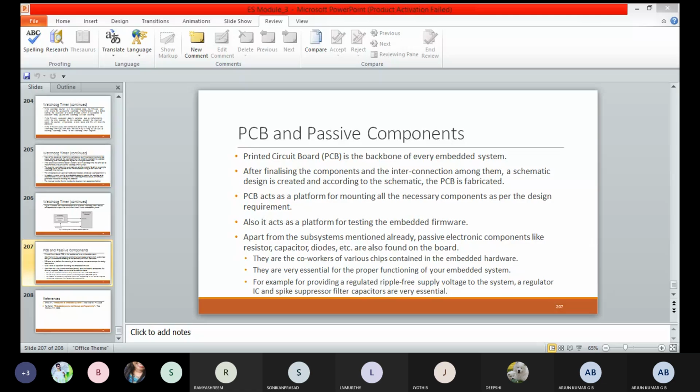See, active elements are voltage sources, generators, and then transistors and diodes. These are the active elements. A passive component is very simple: these passive elements are electronic components which can only receive energy.